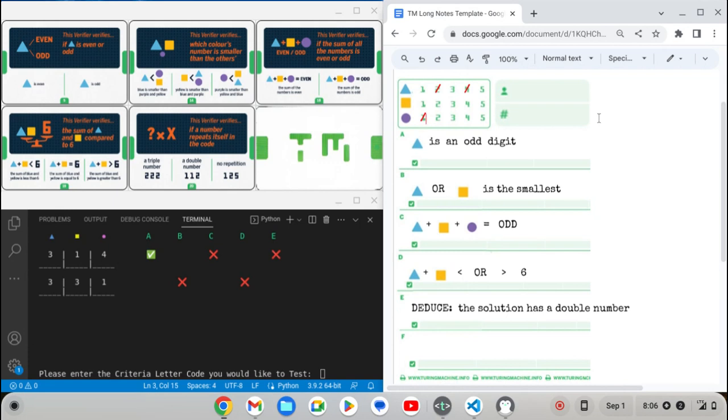I cannot tell the difference between 1, 2, 2, 1, 3, 3, and 1, 4, 4. They all work for all the cards. So I'm going to cross out triangle 1 because that didn't seem to work.